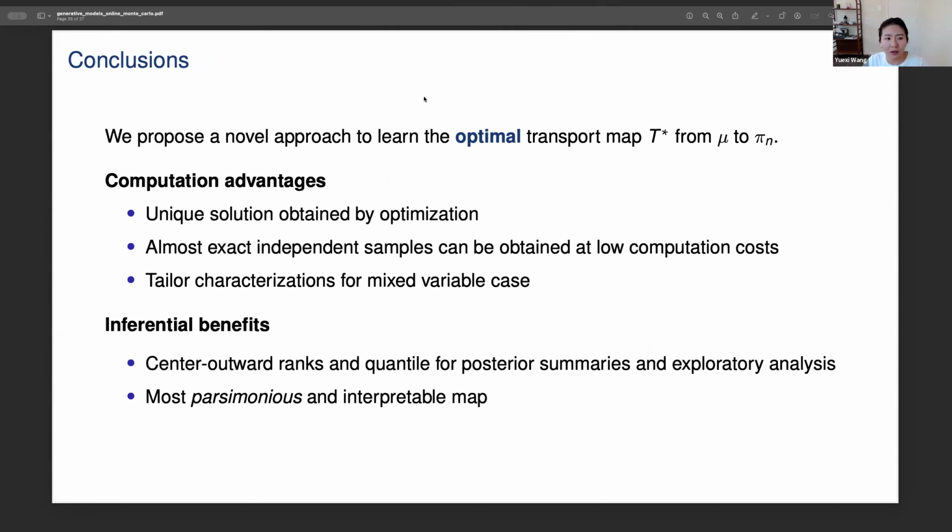And to sum up this talk, here we propose a novel approach to learn the optimal transport map T star from a reference distribution to your target distribution with an unknown normalizing constant. We enjoy computational advantages such as a unique solution obtained by just solving an optimization program. And once you find such a map, you will get almost exact independent draws from the target distribution at a very low cost.